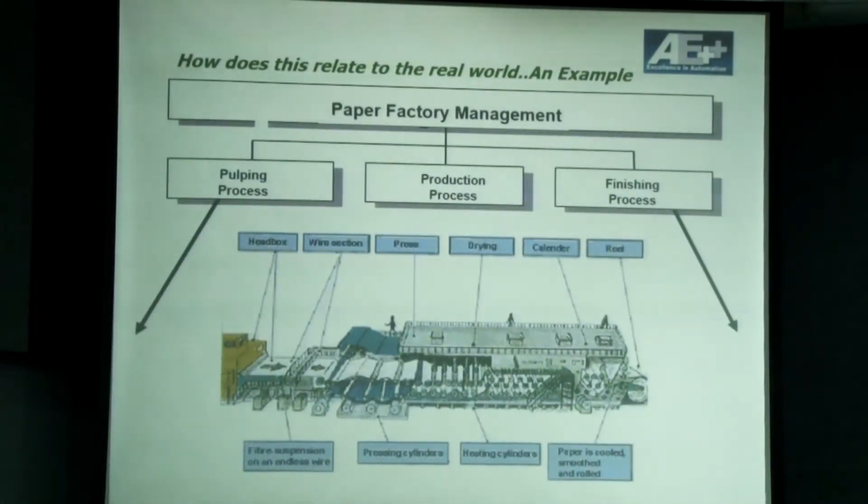Just to give you some real life example, this is a paper machine. I'm sure none of you would have seen a paper machine, but in a paper machine what really happens is that you have pulp which is made, and then it goes through the machine. Each machine has different levels.